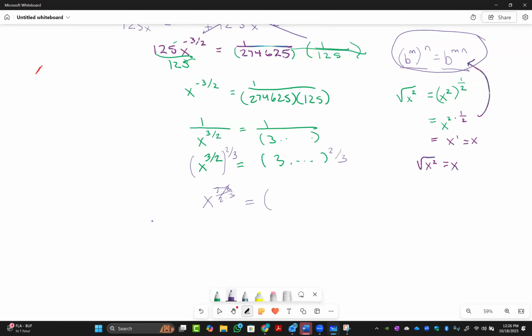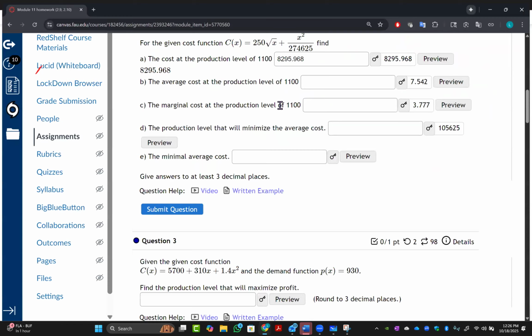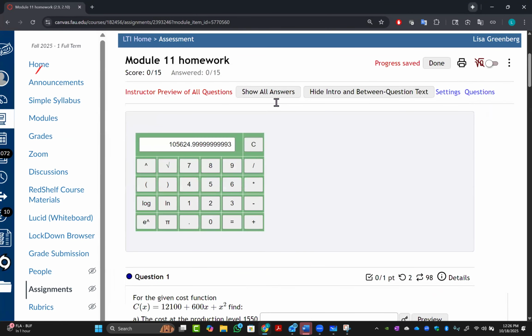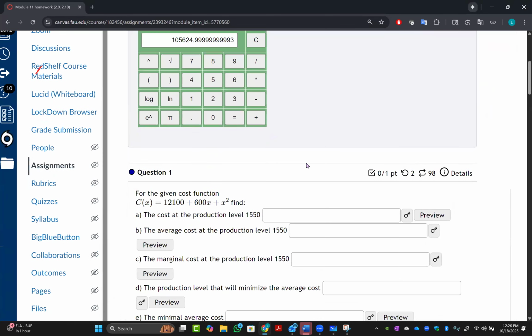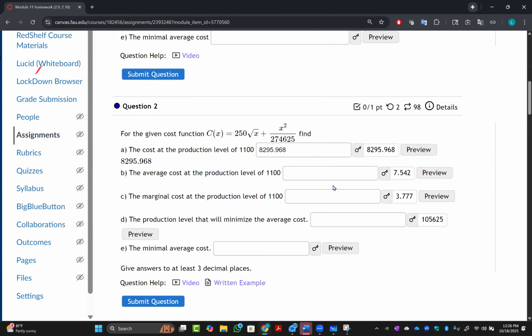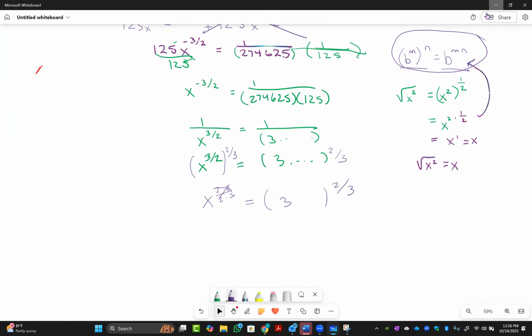So we have x equals that number to the 2/3 power. And then we put it in the calculator, like that. With parentheses around the exponent, yeah, exactly. And then to the 2/3 power. And we got the right number. Right on.